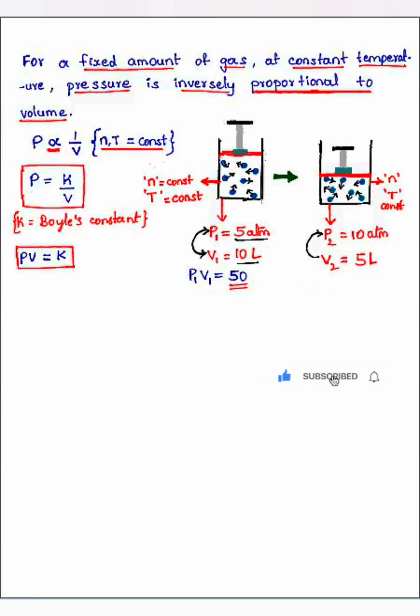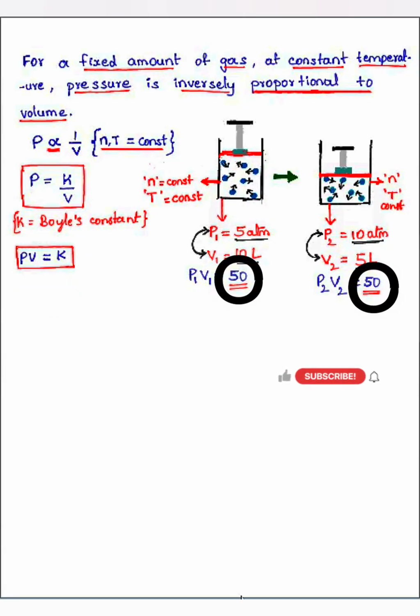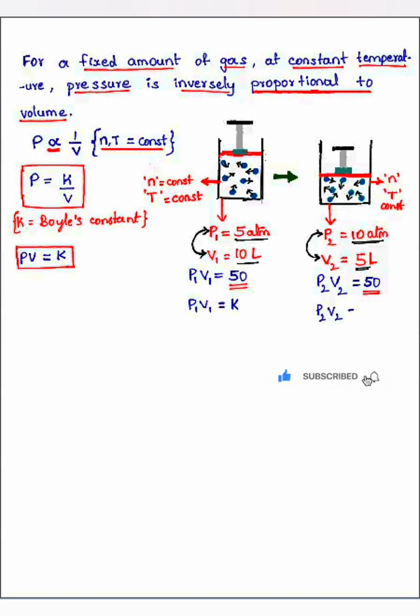If I multiply these two, again I get P2 V2 equals 50, the same as P1 V1. So the product of pressure and volume of a gas is always constant, that is PV equals K, where K is Boyle's constant. I'll write P1 V1 equals K and P2 V2 equals K, with 50 constant for both.